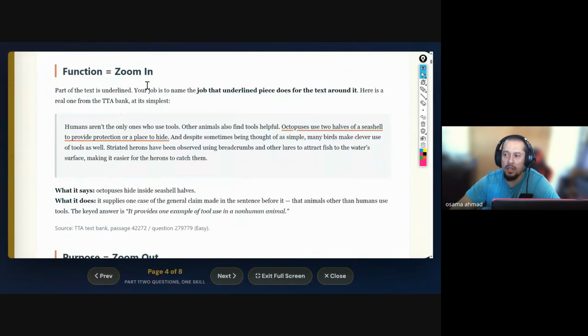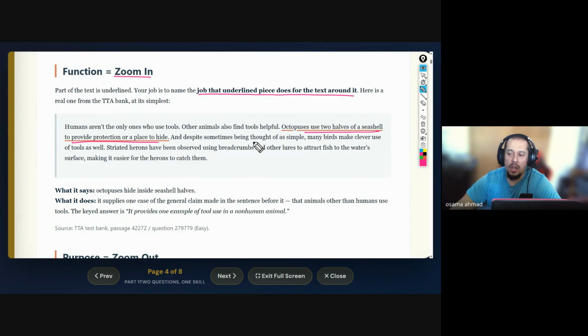This is a function-based question. The function question is a zoom-in question. A part of the text is underlined, right? And your job is to name the job the underlined piece does for the text. You have to know what the job does, right? So for example, humans aren't the only ones who use tools. Other animals also find tools helpful. Octopuses use 2 halves of a seashell to provide protection or a place to hide.